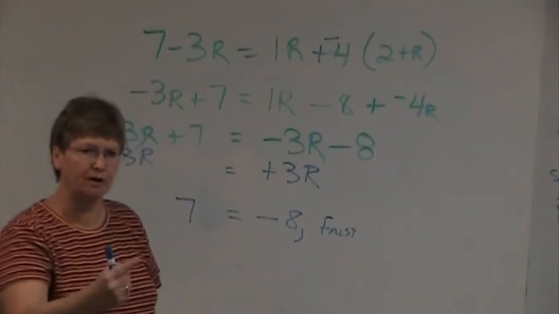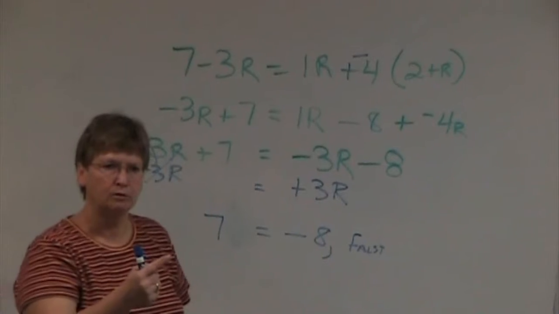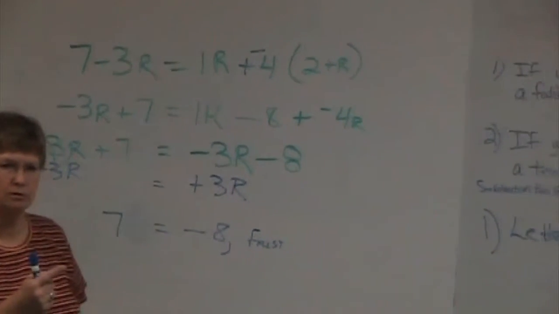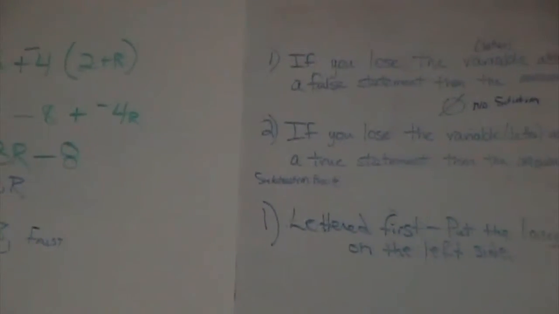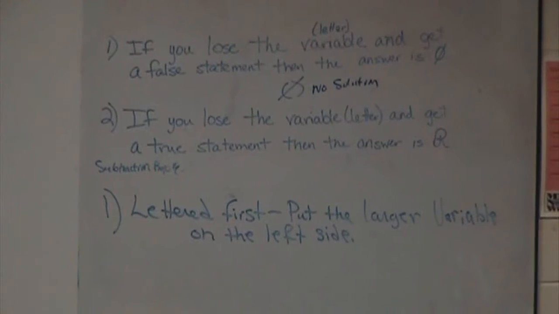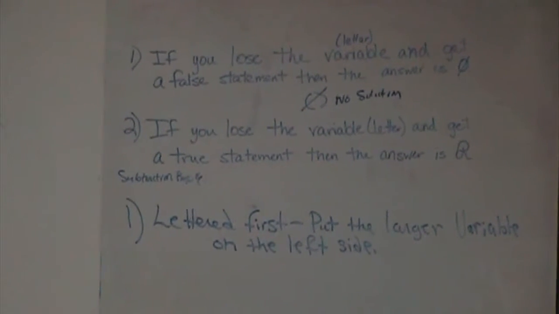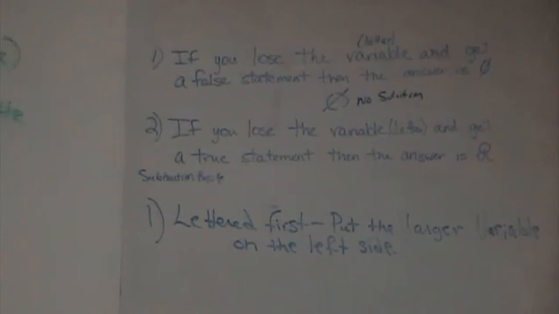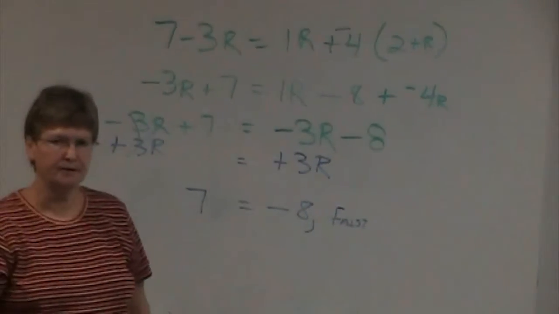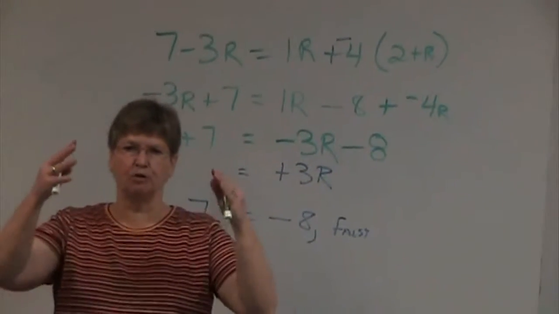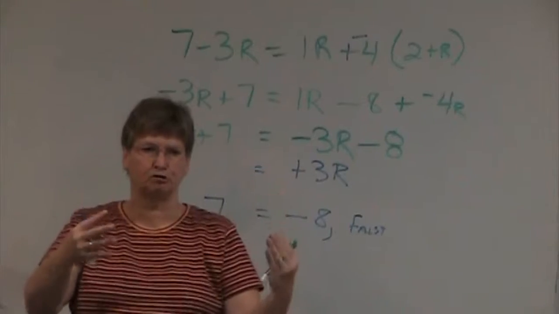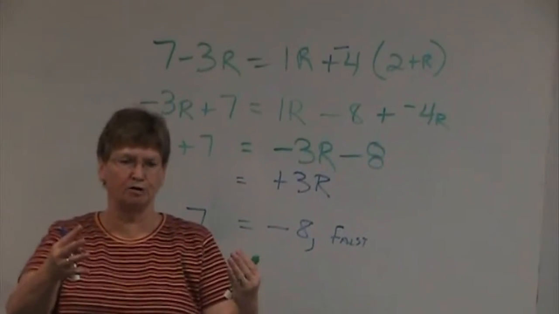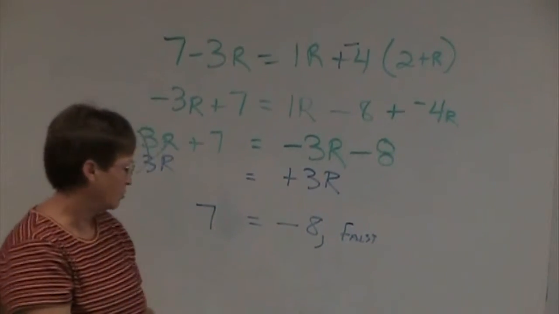If you lose the variable, read the rule, Daniel. If you lose the variable and get a false. And this is false, isn't it? Okay, then the answer is what? No set. Okay? But, guys, if you lose the variable and get a true, I'm gonna do one like that now. Okay? Watch.